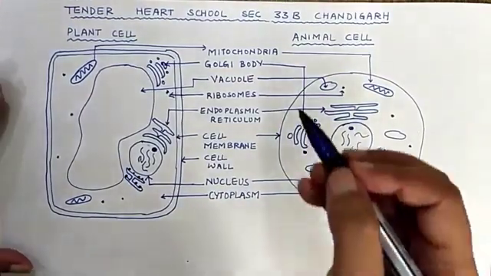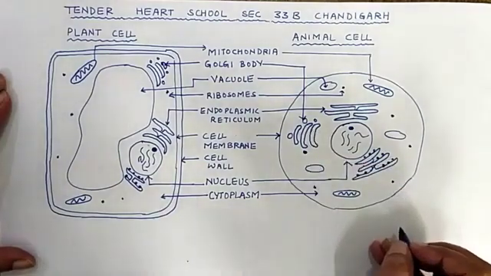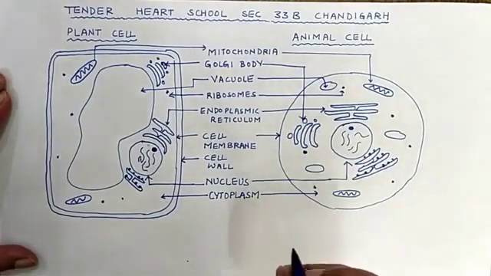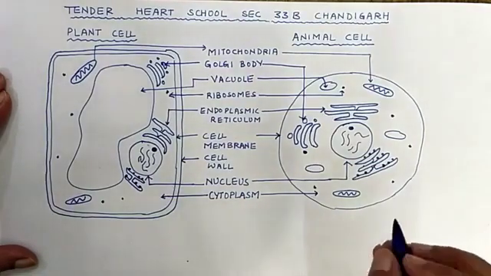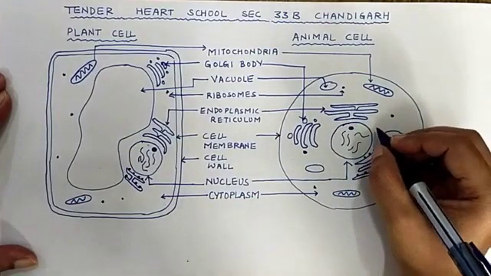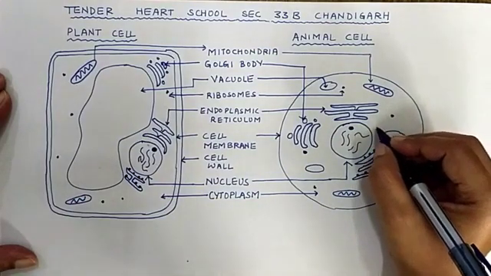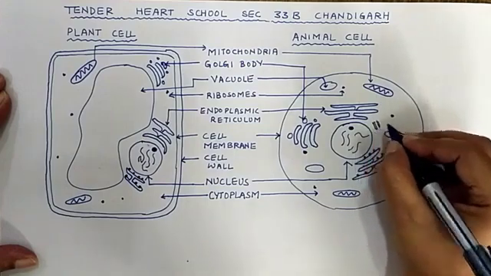Okay, children, these are some of the organelles which are present both in plant and animal cell. Now let us draw some of the organelles which are present only in either the plant cell or the animal cell. So firstly, in the animal cell, let us draw the centrioles. Centrioles are present near the nucleus. So you can show the centrioles, right?